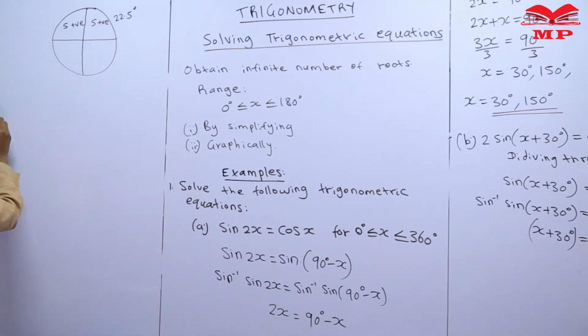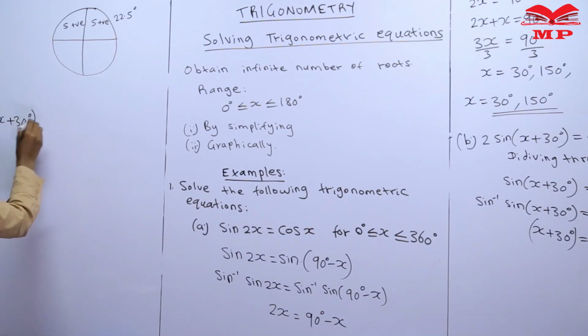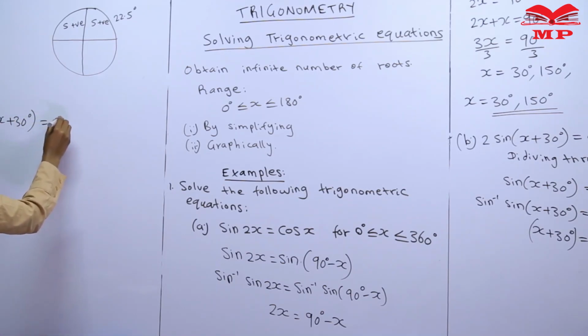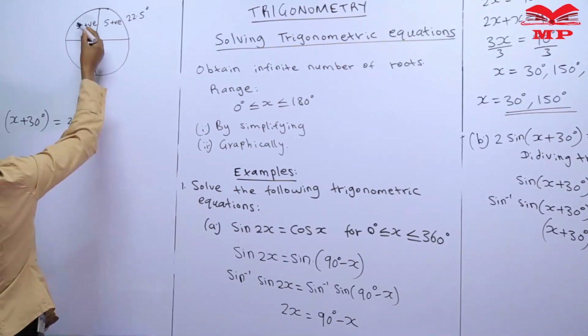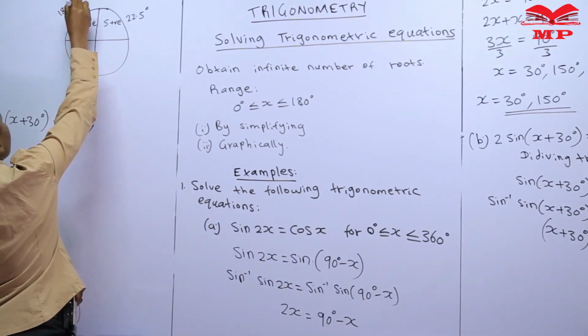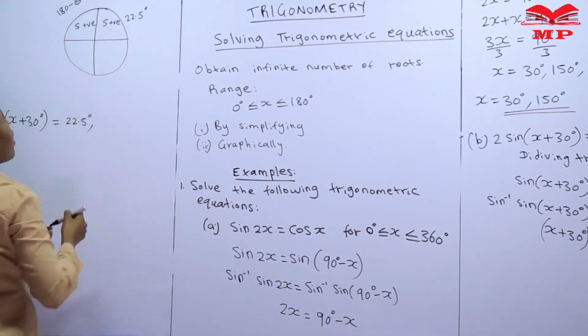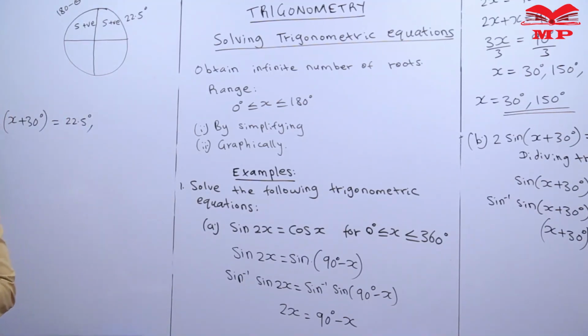So we'll have x plus 30 degrees being equal to 22.5 degrees. Then we move on. On this side, we'll have 180 minus theta, and our theta is 22.5.